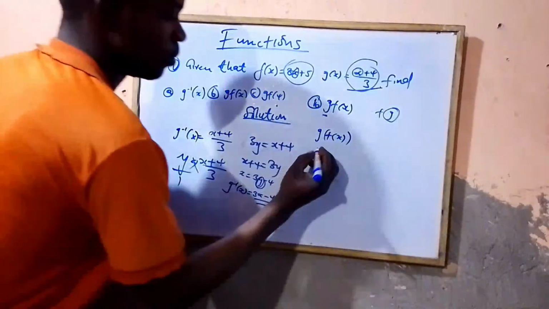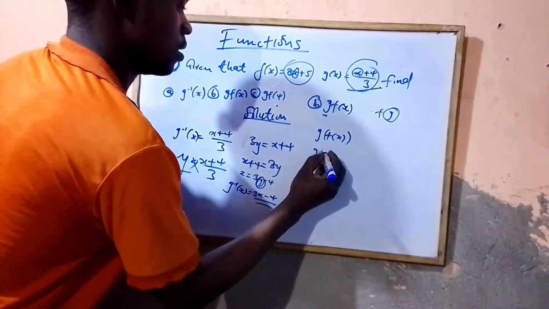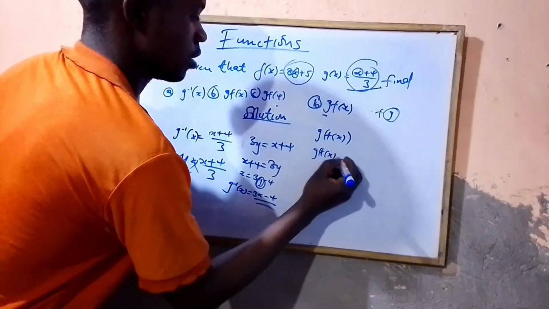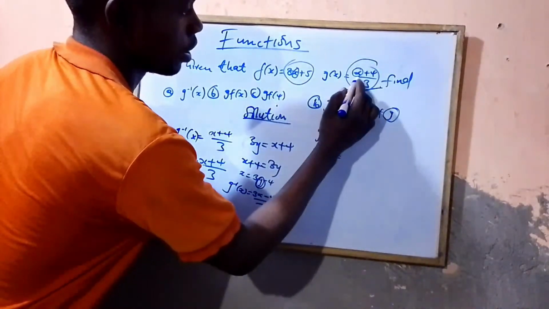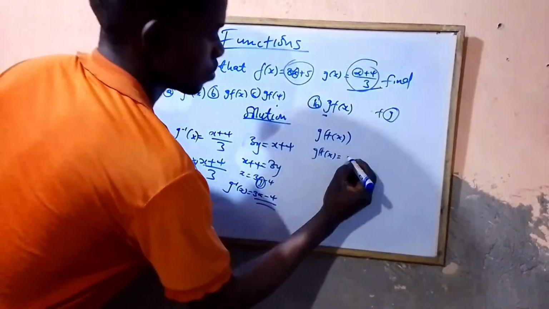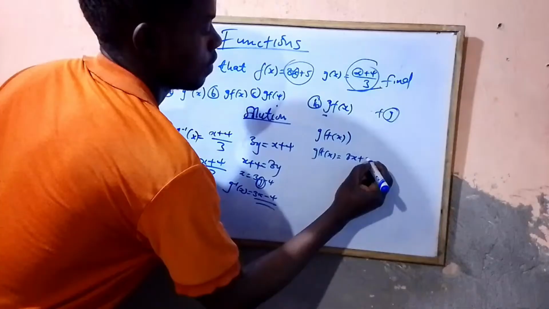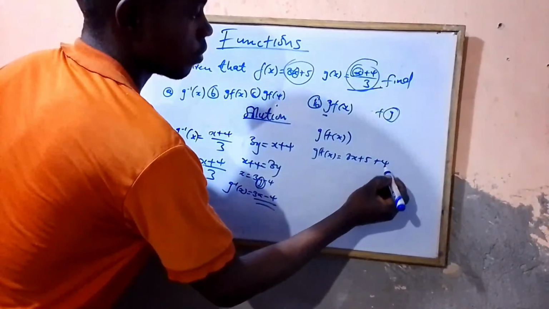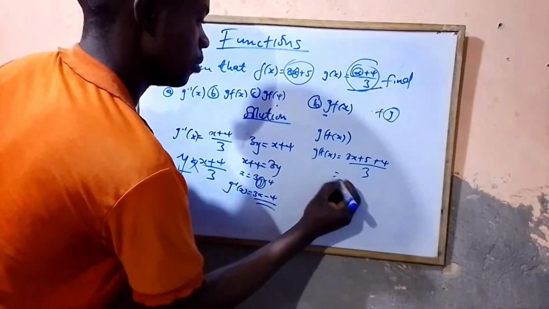So we're going to say g of f of x is equal to, we write this function here. Where is x? You substitute with 3x plus 5. Then plus 4, and over 3.